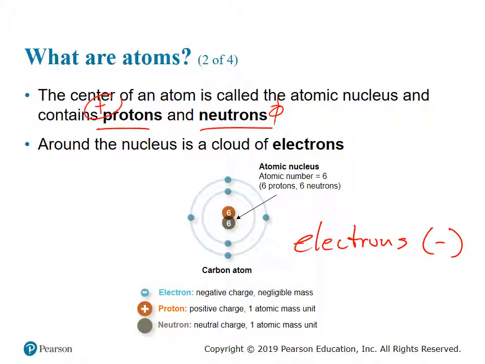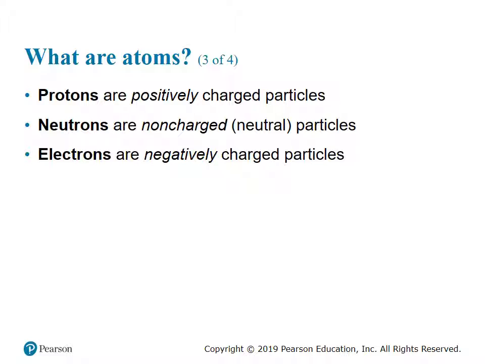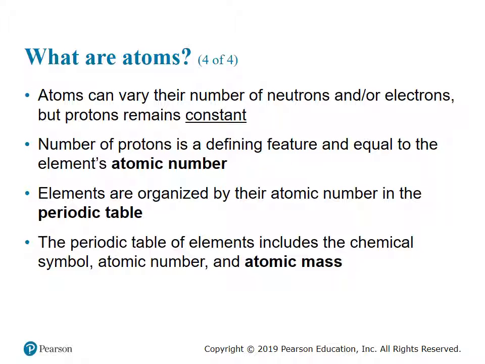What we see here is a carbon atom, right? In a carbon atom, we have 6 protons, 6 neutrons, and, of course, 6 electrons. And that's what we see there. Elements are organized by their atomic number officially.